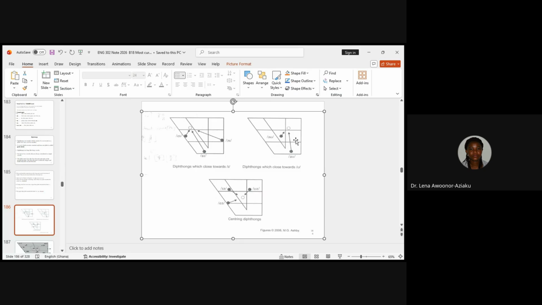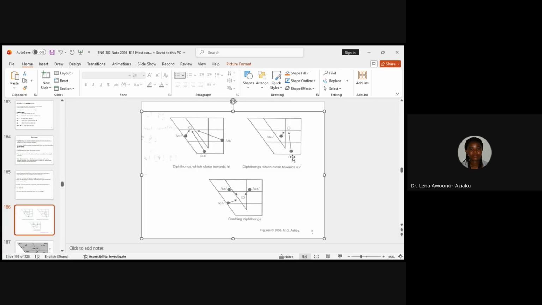Then the second closing is towards the back, starting from the central position and then ends on U. And then this one starts from A and ends on U. So we have O, O. You remember, ending on U.